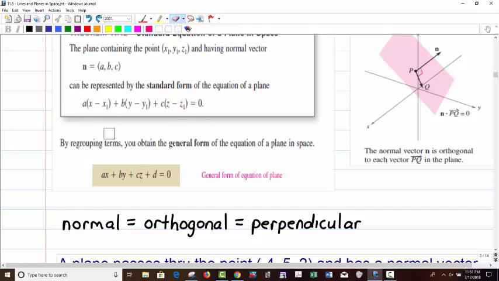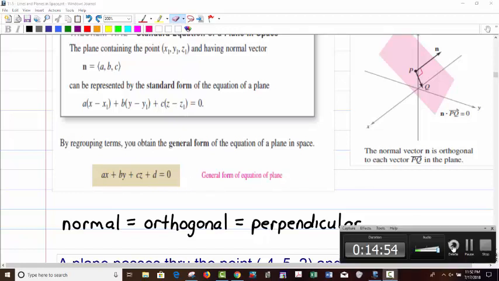So if you were looking at a multiple choice quiz or test, maybe the answer was written in this general form, but that's just a matter of algebraically distributing out the numbers. It's not a separate thing you come up with here, so it's not that big of a deal. Just distribute, combine all the terms together, and then we have the general form of the equation.